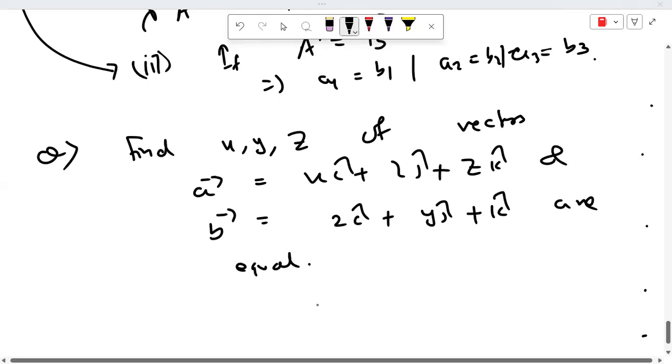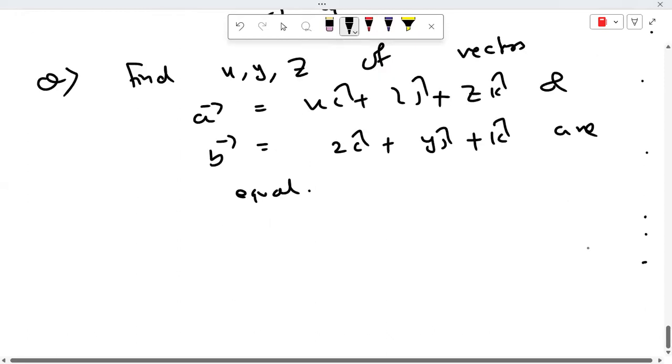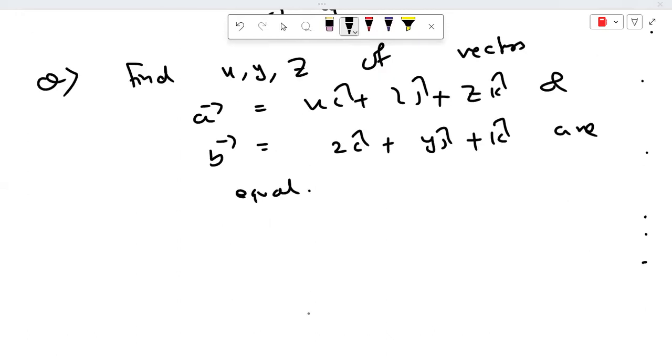This is not a very difficult question. Rishita, what is the answer? Sir, x is 2, y is 2, and z is 1. Right, very good.